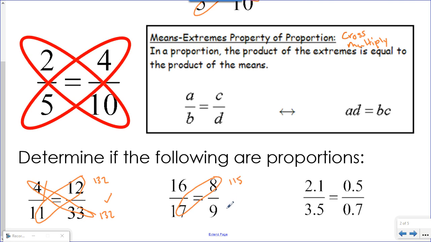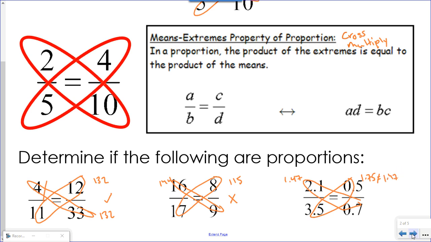And then if we do 9 times 16, that's going to give us 144, which means that these do not form a proportion, so those are not equivalent. For the last one, we're going to multiply 2.1 times 0.7, and we're going to get 1.47. And then we're going to do 3.5 times 0.5, and we'll get 1.75. So those are not equivalent ratios.